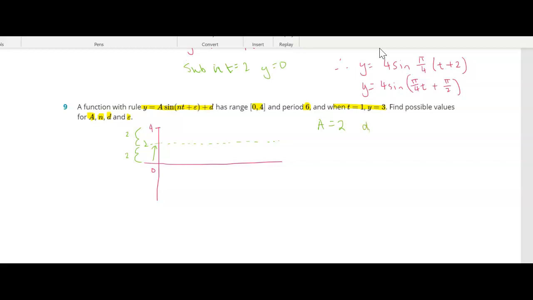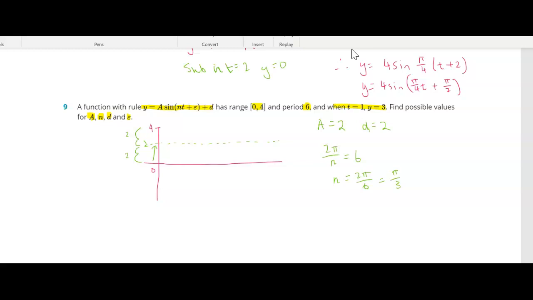So d is equal to 2. All right, your period we do the same way as before. So 2 pi on n equals 6. Oh, it's pouring with rain here and I skipped a step, sorry. So let's just switch n and 6. So n is 2 pi on 6, which is pi on 3.